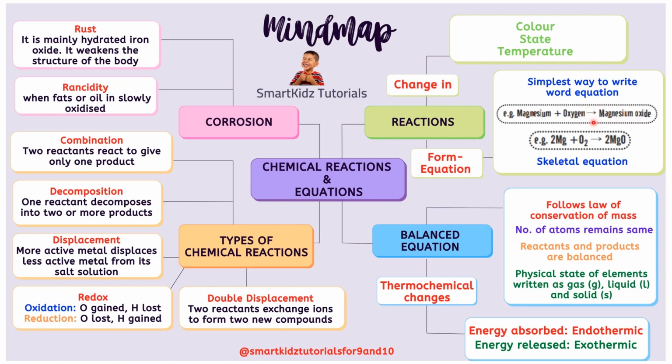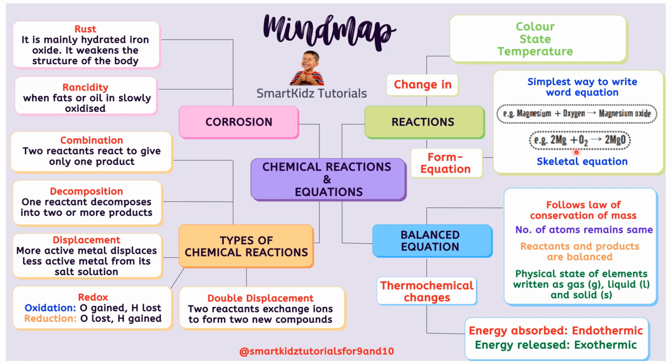This arrow is telling in which direction the reaction is proceeding. The reaction that you see down is not complete. It is called a skeletal equation, because over here we do not know the physical state of magnesium or oxygen. Sometimes, if it is not balanced, that also attributes to skeletal equations.